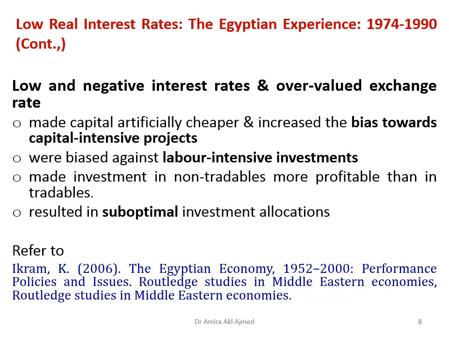Given the extremely low energy prices, the result was suboptimal investment allocations, which stressed capital and energy-intensive projects while neglecting labor-intensive investments in agriculture and in the processing of domestic raw materials.